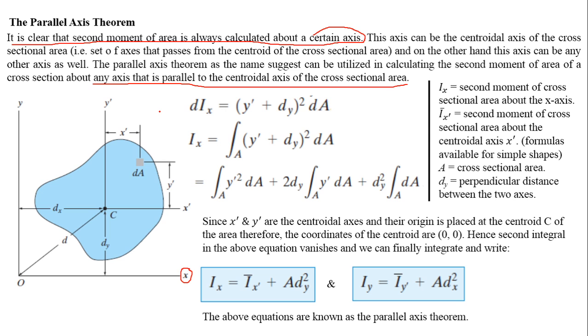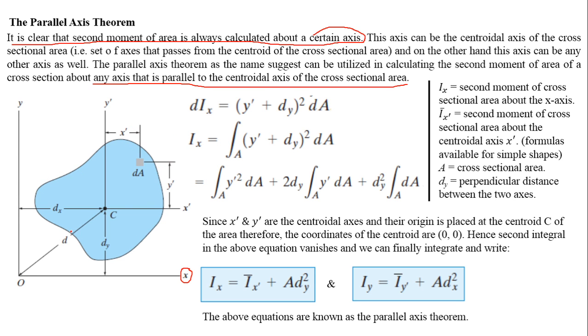And so this means that this theorem is really very important, because we sometimes need to calculate the second moment of area about other axes as well, that are not the centroidal axis. So we're going to develop the expression or the formula of the parallel axis theorem now, because it will be used in problems that we are going to solve in future.